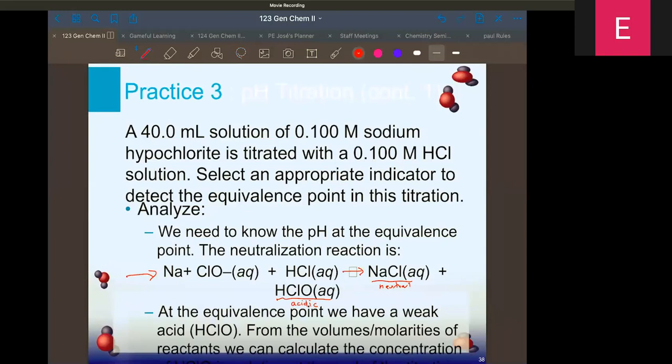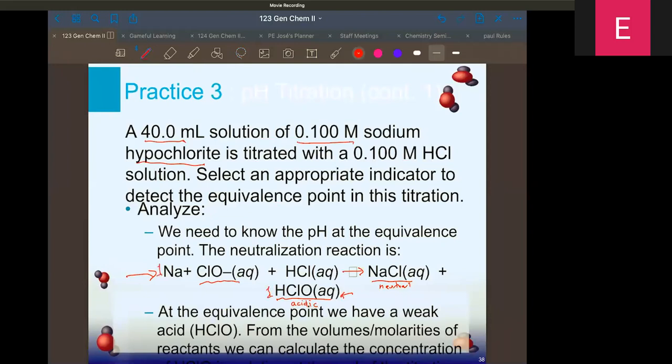And so if that's the end point of the titration, we can figure out what the pH is for this solution here. We know how much sodium hypochlorite was here. We know the volume. We know the molarity, so we can calculate the moles. So we know how much is this, and the ratio is 1 to 1.